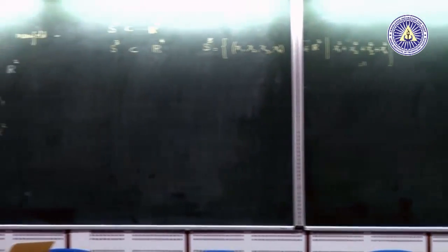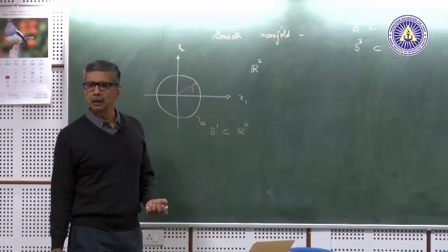Same way here you started with x1 squared plus x2 squared equals 1, right.